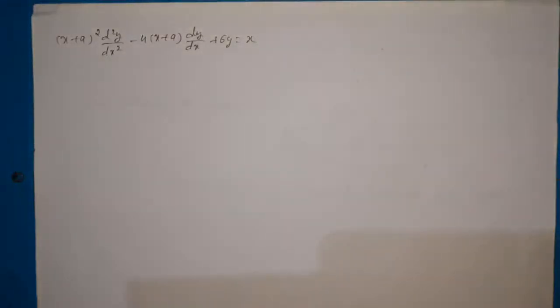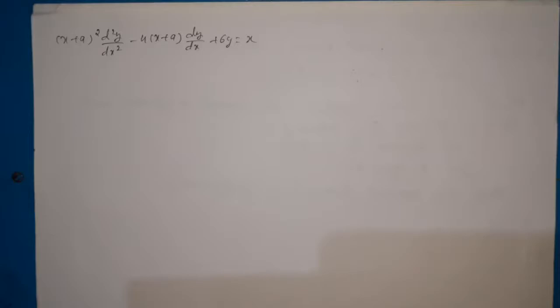The next example is (x plus a) whole square d square y by dx square minus 4 into (x plus a) dy by dx plus 6y is equal to x. So here RHS is not 0, it is a non-zero value which is equal to x.